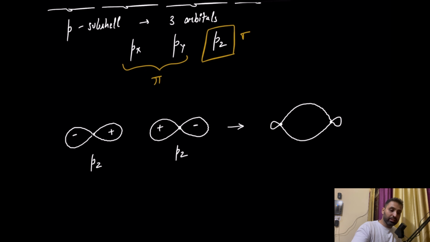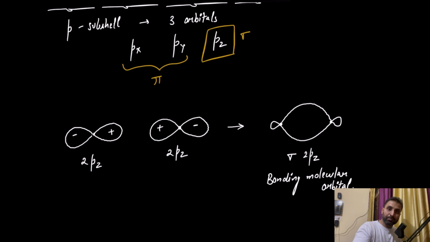So we got the first bonding molecular orbital, that's sigma, take it to be 2pz, that's sigma 2pz, and it's the bonding molecular orbital.